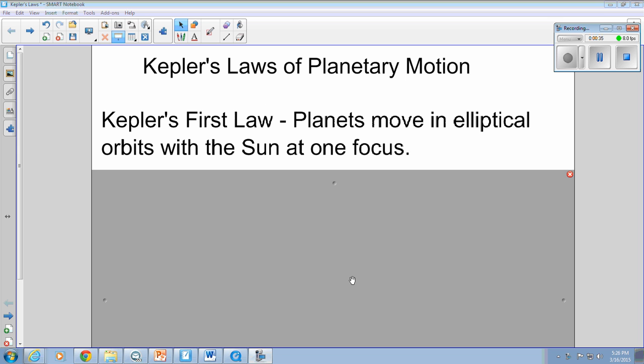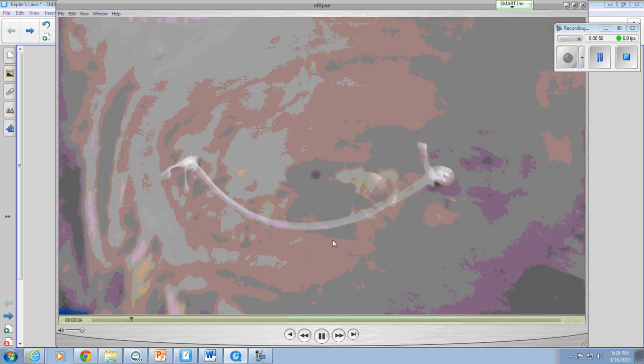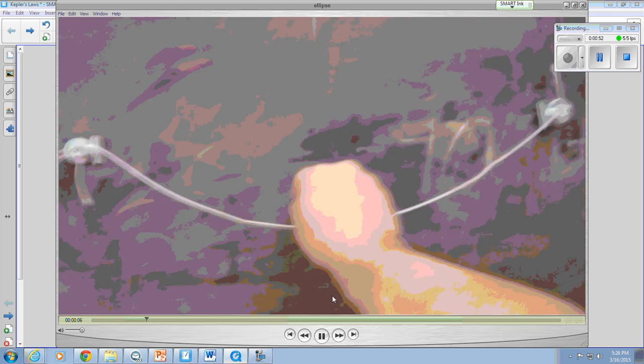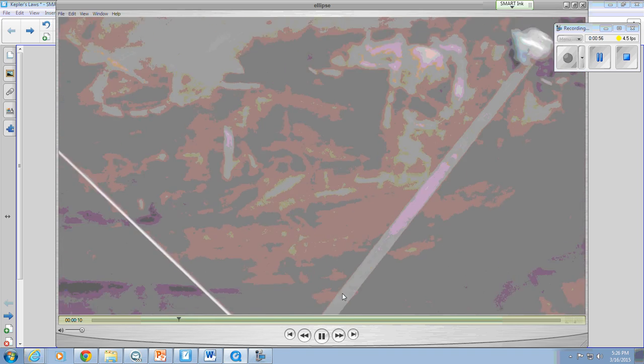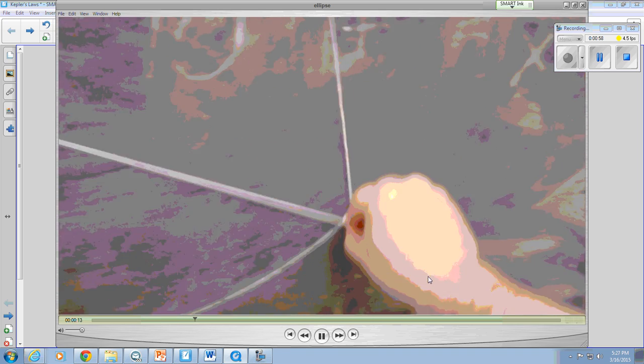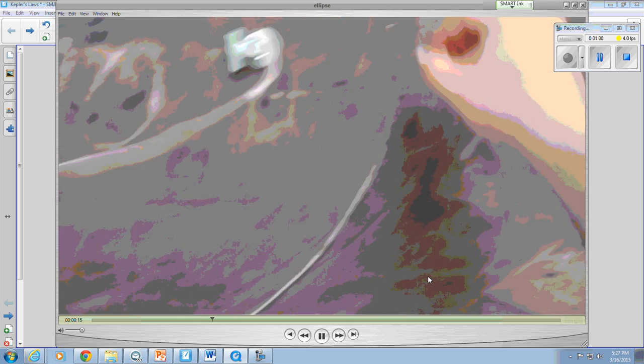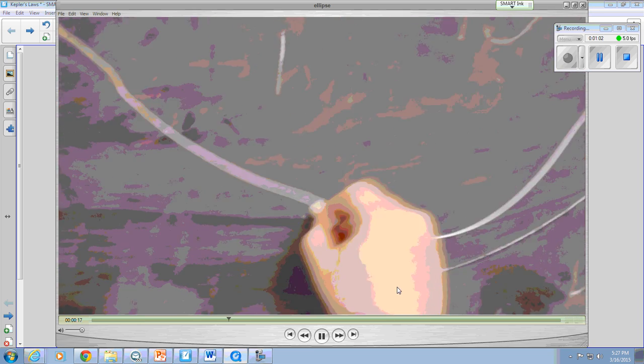And just to remind us what an ellipse looks like, the way you draw an ellipse, you have two foci, and if you tighten the string that's loosely attached to both foci, and you trace the path, what you'll get is an ellipse.